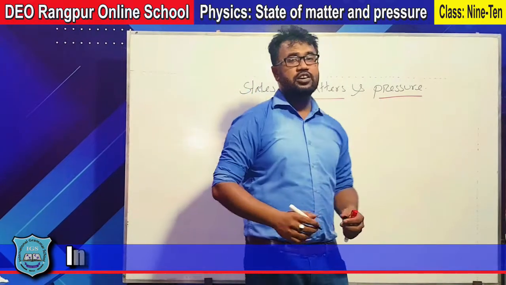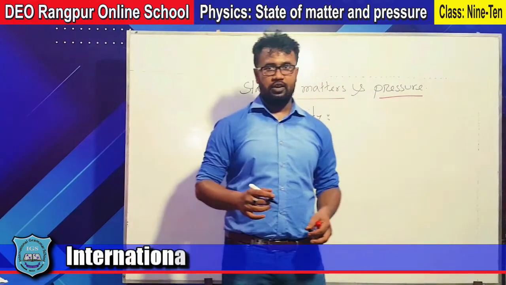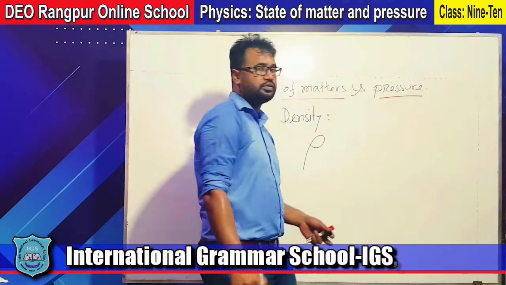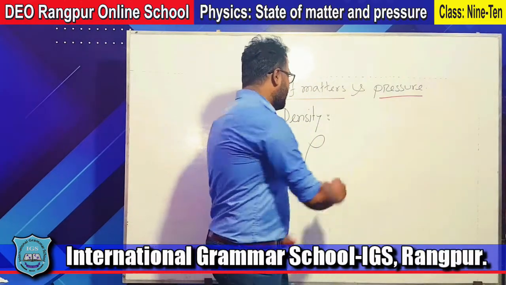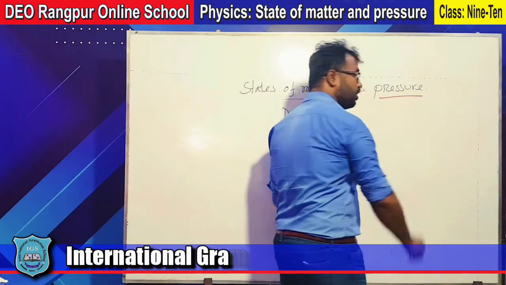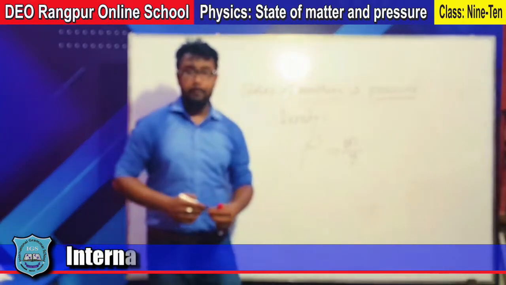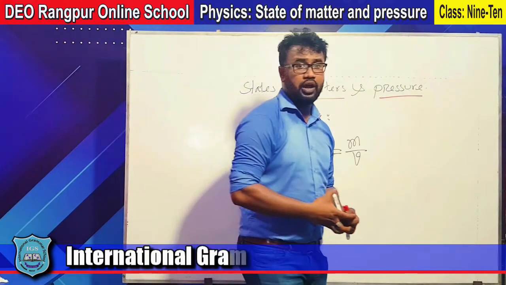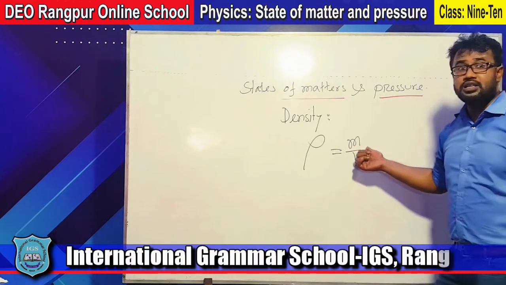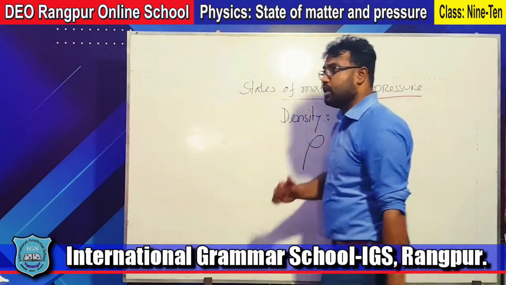Density is denoted by rho. Probably this is a new word to you. This sign is known as rho. So we can write down rho equal m by v. What is rho here? Rho is density, m equal mass of the body, and v is the volume.